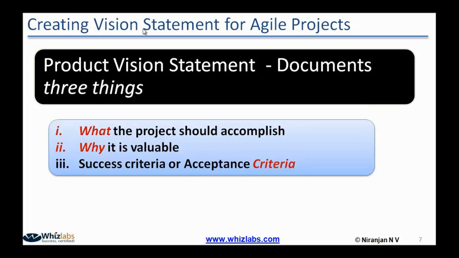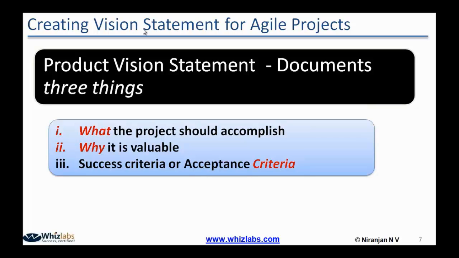That has to be written, need not be in detail, just listing or whatever high level information. And why is it required? What is the use of this project? What is the business case? Then how do you accept this project, or how do you say this project is successful? What are the criteria? So these three things should be written in the beginning for any agile project.